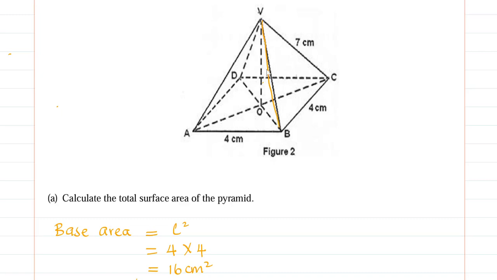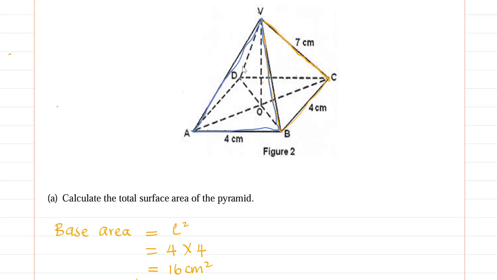V to B, and then to C, and back to V. That is one of the surfaces. Let me mark for you all the surfaces. Another slanting surface is A to V to B, and then back to A.